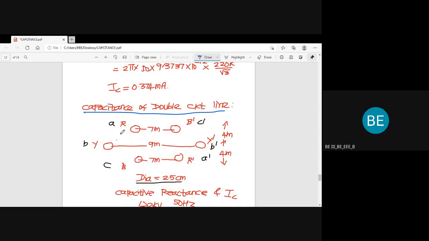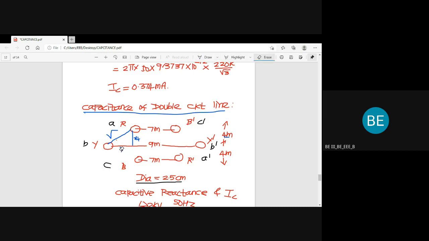So we have to find the distance of DAB. So how to find? We know it will be the square root of x squared plus y squared. So x distance we know it will be 4 meter. So we can substitute 4 here. But what is the distance of y?